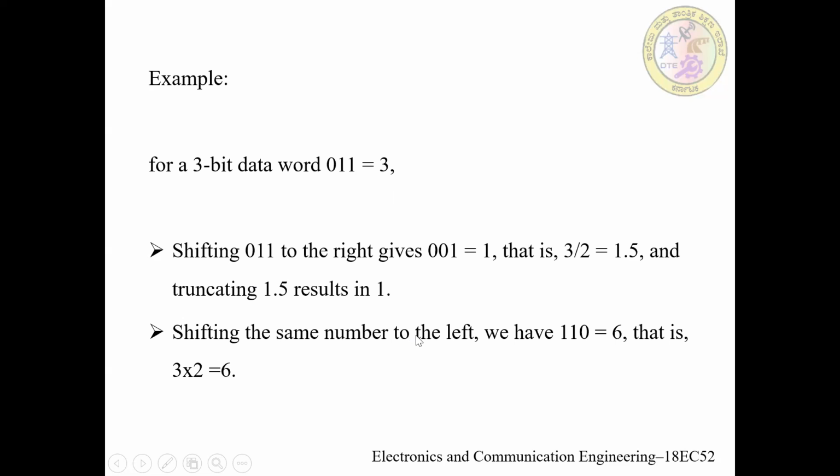If we consider the same number 3 again, and shift this value to the left, what happens? This 1 comes here, this 1 comes here, and the LSB will be occupied with a 0. So the value is 6. That is 3 into 2, which is 6.